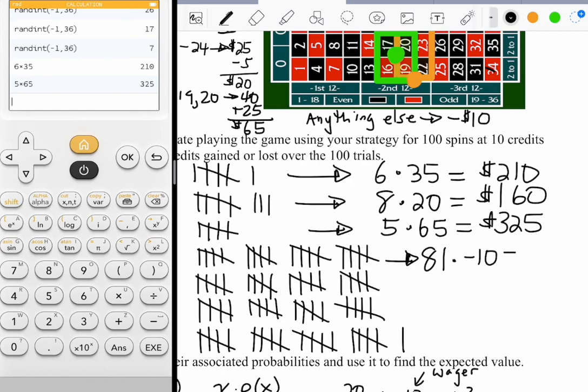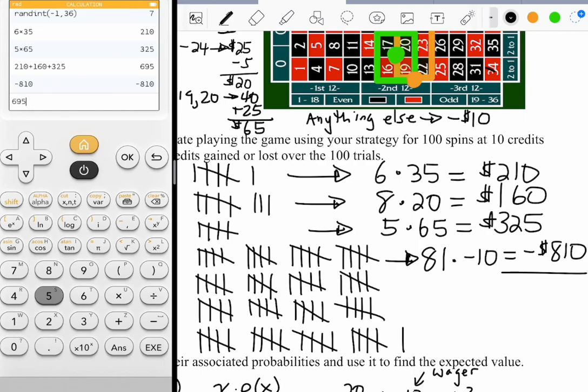All right, so that's negative 810. All right, so 210 plus 160 plus 325 minus 810. I said minus 810. I don't know why it doesn't automatically put the answer in there. Negative $115.